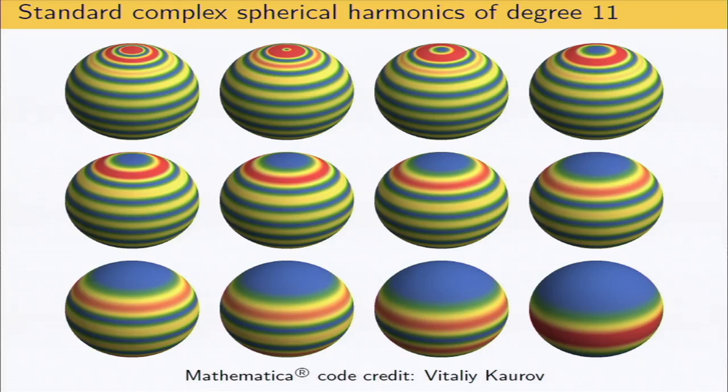By the way, you can characterize these complex spherical harmonics uniquely as being eigenfunctions not only of the Laplace operator but also of this rotational operator i d over d theta, theta being the angle, which commutes with the Laplacian. And because these functions satisfy two commuting differential operators, that specifies the basis uniquely.